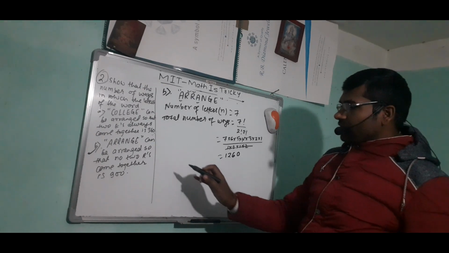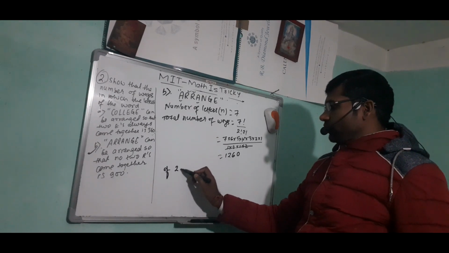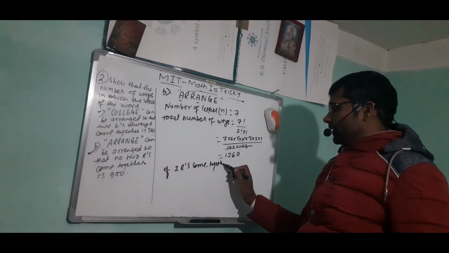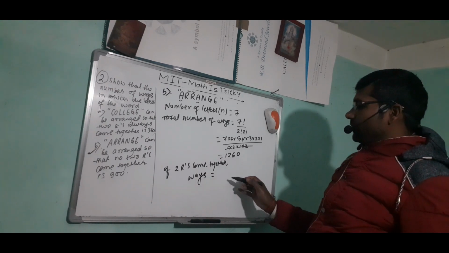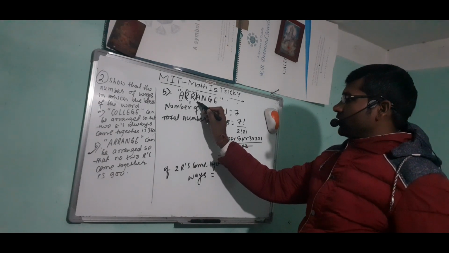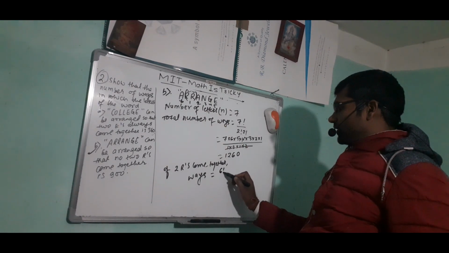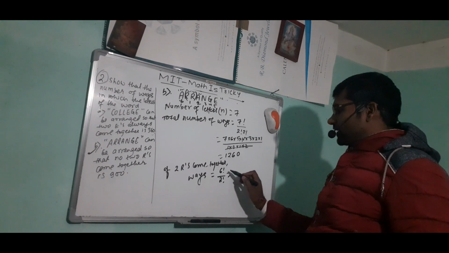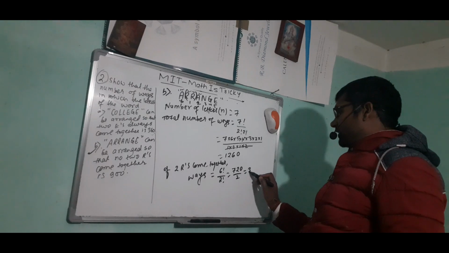Okay, now let's find the number of ways in which two R's are together. If two R's come together, then we consider the two R's together as 1, so 1 2 3 4 5 and it is 6, so 6 factorial by we have 2 A's, so it is here 2 factorial. 6 factorial is 720 by 2, it is here 360.